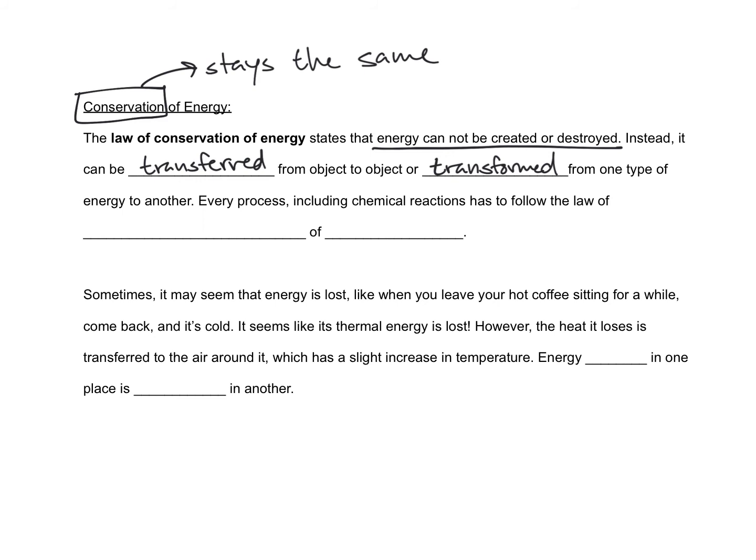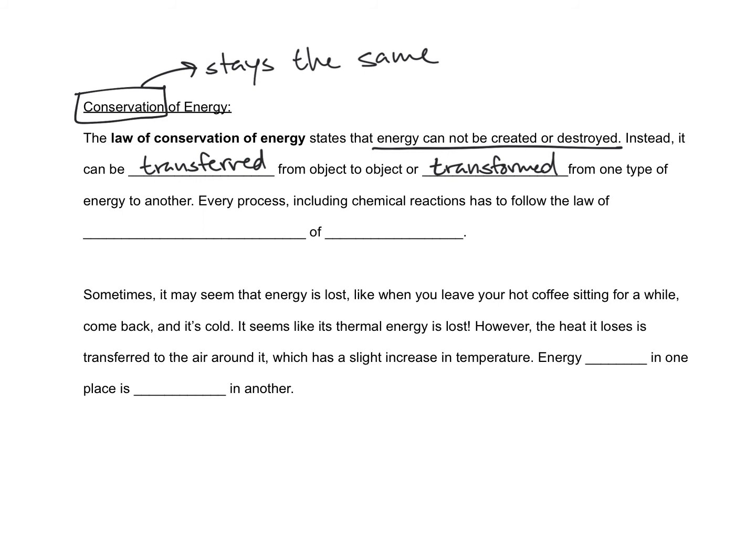So, for example, if you take your wonderful hot cup of cocoa or coffee or tea outside in the winter, or even if you just leave it sitting on a table for a long time in your house, it ends up getting cold. So it started off with a bunch of thermal energy, but after a while, that energy seems to be gone. And the question is, well, was it really destroyed? No, it was not. It was just transferred to the air around it. And then the air spread it out. And so the air heats up a little bit, but your coffee gets pretty cold.